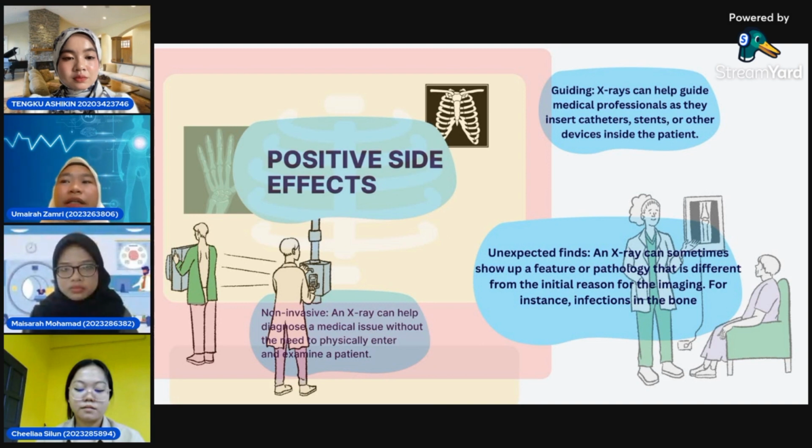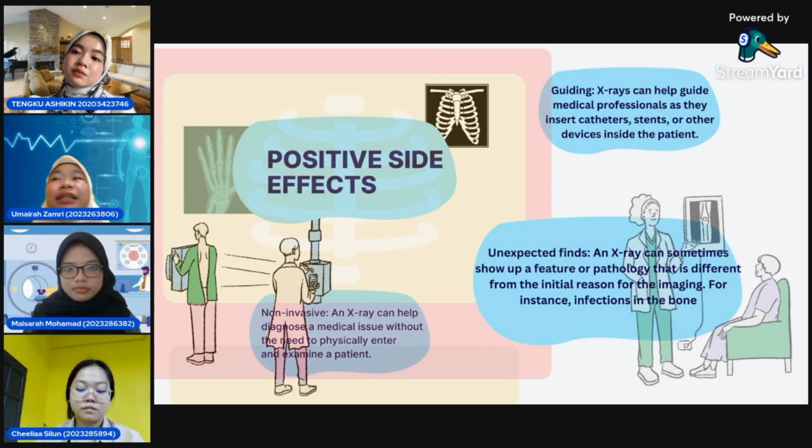Although an X-ray alone is not always sufficient to diagnose a disease or condition, it is an essential part of the diagnosis process. So, some of the benefits: first is non-invasive. An X-ray can help diagnose a medical issue or monitor treatment progression without the need to physically enter and examine a patient.